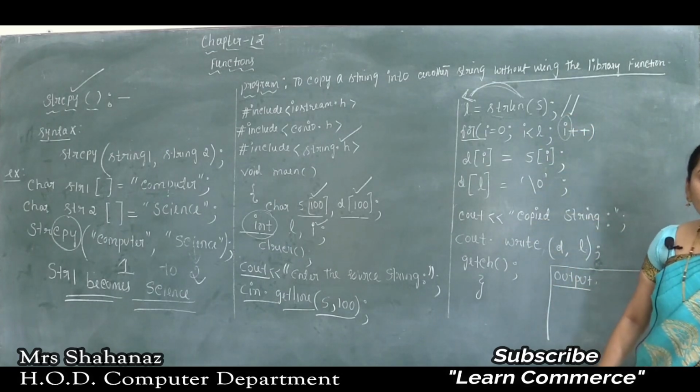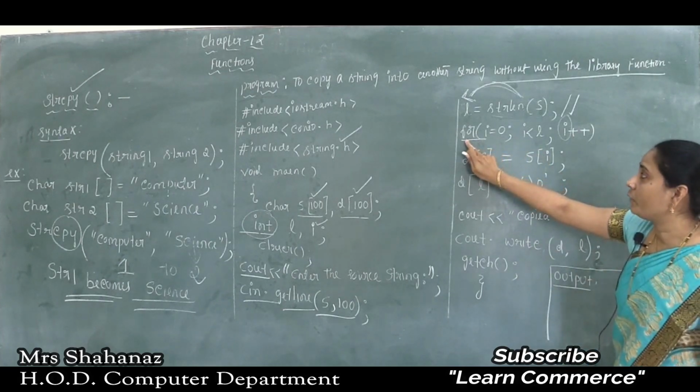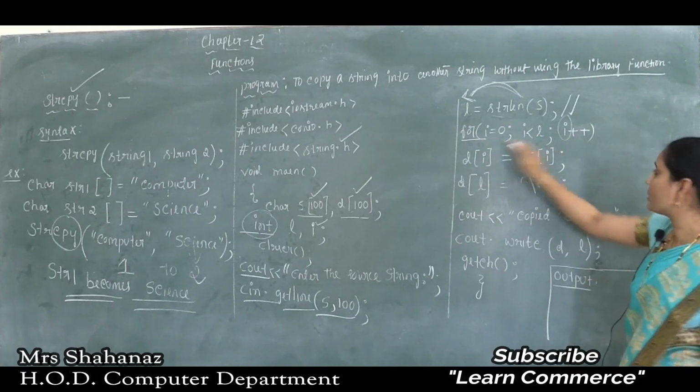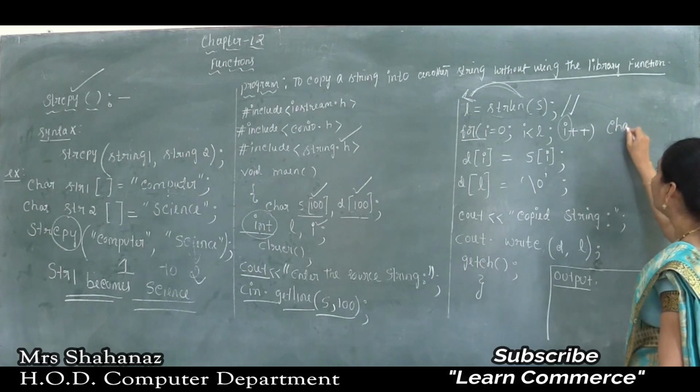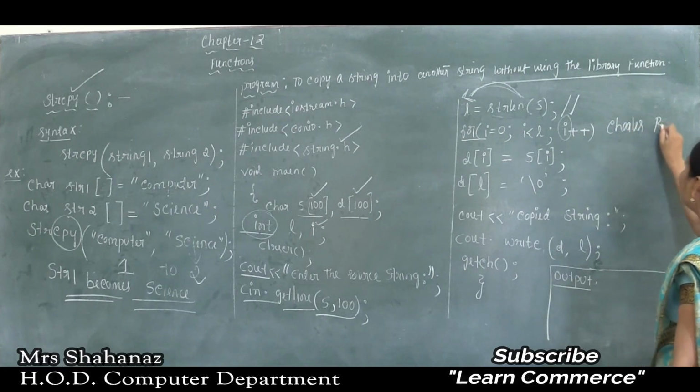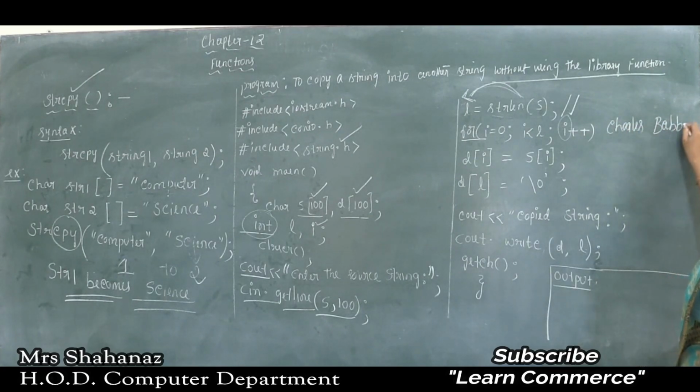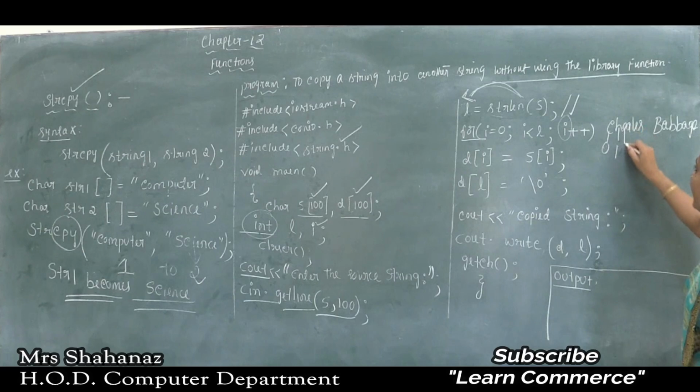Clear this part? Okay. So here we can say that for i value is equal to 0, that means, maybe if you are using Charles Babbage, the position value is going to start from 0: the H is 1, A is 2, R is 3, L is 4, E is 5, and next one is 6 in this case.